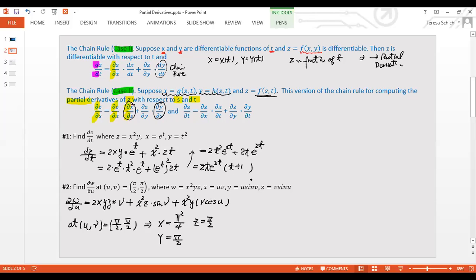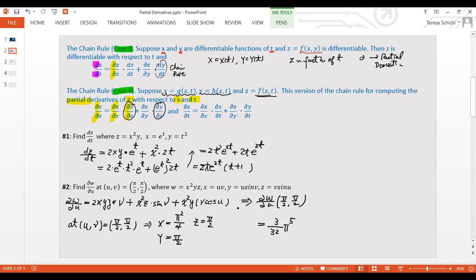Okay, now you substitute all these values into partial w, partial u, with pi over 2 and pi over 2. And then the final answer, you just substitute all the values. So this will be 3 over 32 times pi to the 5th here. Okay. All right.